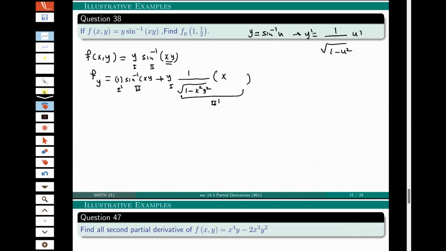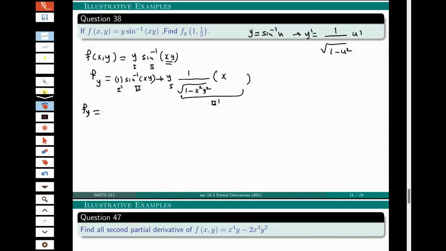I'm repeating now. I have here the product rule because I'm differentiating with respect to y. So the derivative of the first is 1 times the second. Then we say the first, which is y. The derivative of sine inverse is 1 over square root of 1 minus the angle squared. The derivative of the angle with respect to y is x.